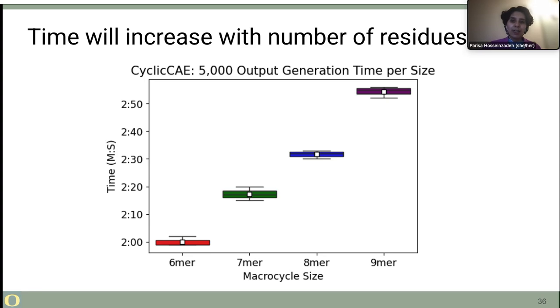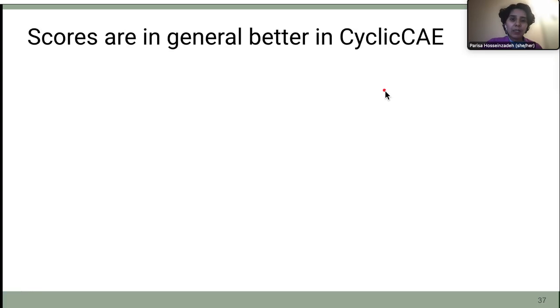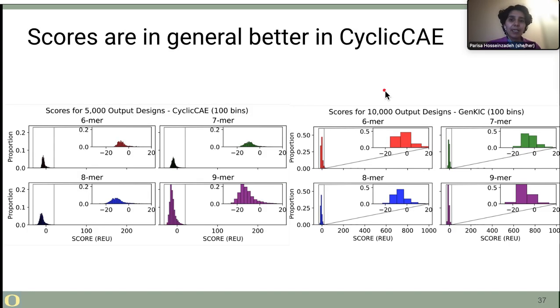If you look at the backbone here, you can see that it increases linearly with the size, from 2 to 3 minutes, but it's 3 minutes per 5,000 generated structures. So it's pretty good, I would say. CyclicK scores generally better than GenKIC, as you can see.